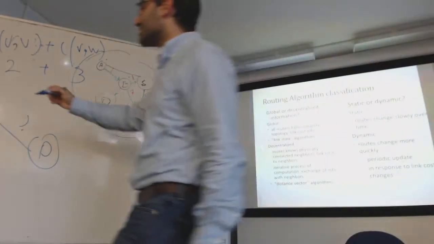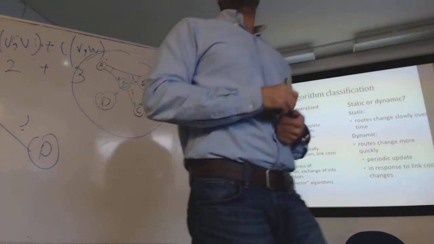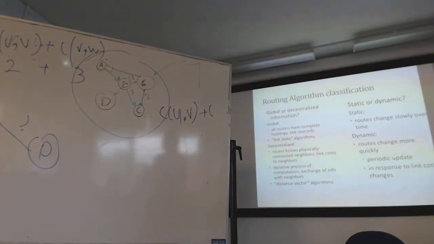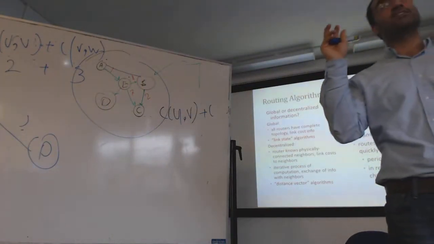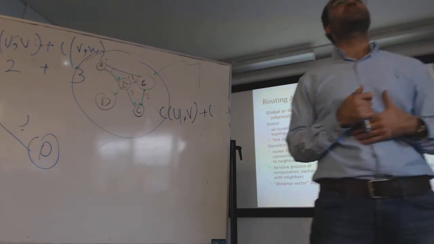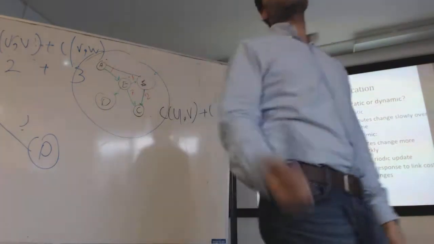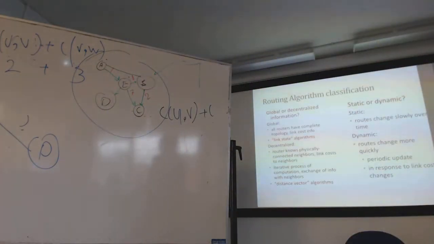You need to ask C to tell you exactly what the connection is. In some cases this is useful because you don't want all the information, which creates overhead issues, and sometimes those updates happen between nodes that you don't know about. So sometimes it's better and useful. Those are the decentralized ones.